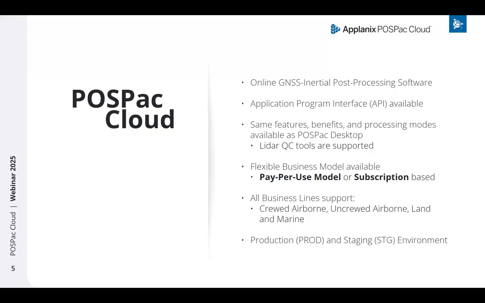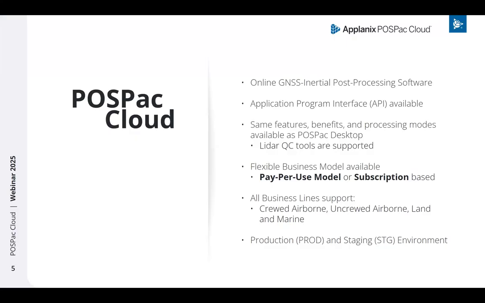So what's POSPac Cloud? POSPac Cloud is an online GNSS inertial post-processing software designed to bring the power and precision of POSPac to a cloud-based platform. A key feature of the service is its application programming interface, that's API, which allows for seamless integration into automated workflows and OEM processing systems, making it highly suitable for scalable and high-volume operations.